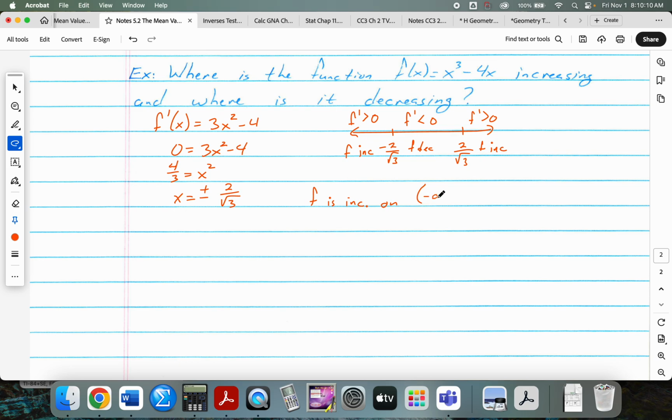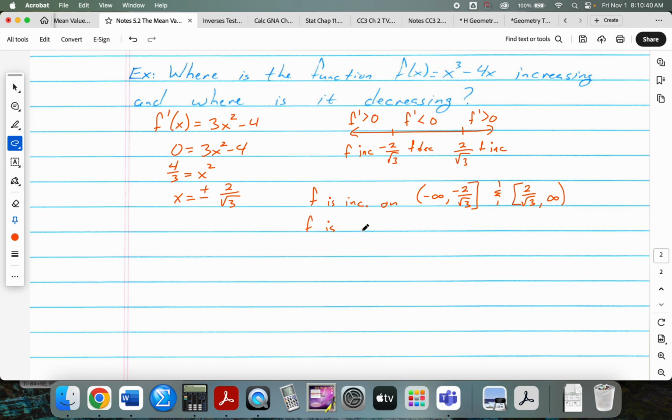The interval from negative infinity to negative 2 over the square root of 3, it includes that right-hand endpoint. And from inclusive of 2 over the square root of 3, exclusive of infinity, because, well, infinity is not really a number, so we can't close it in.